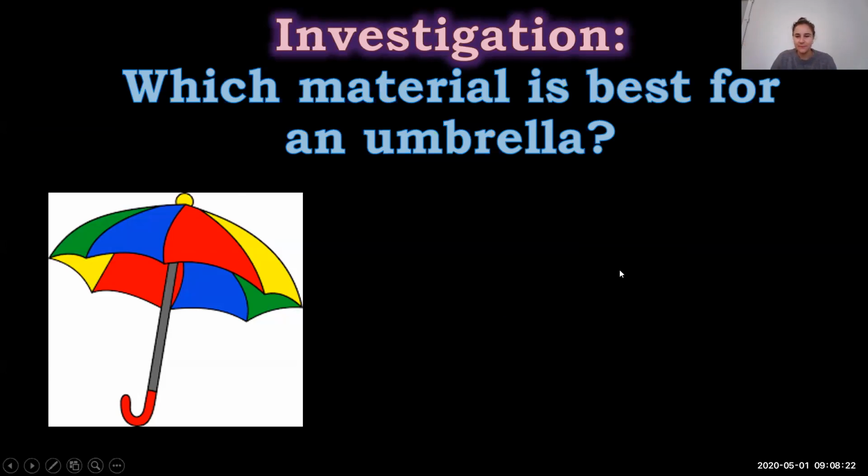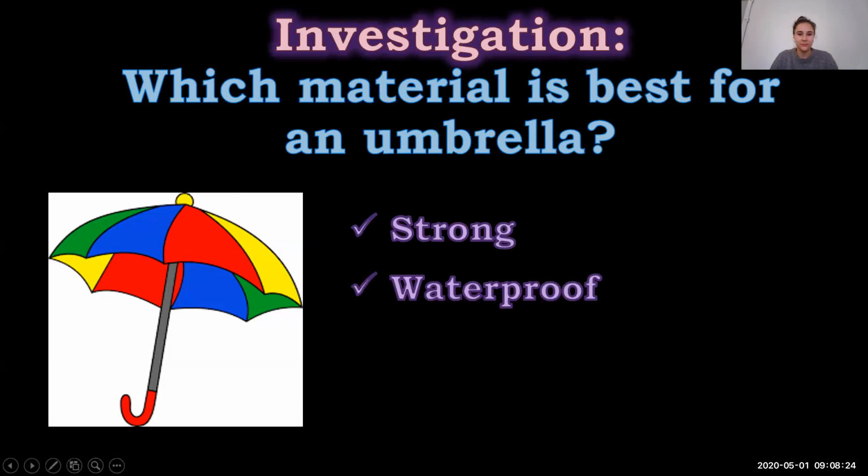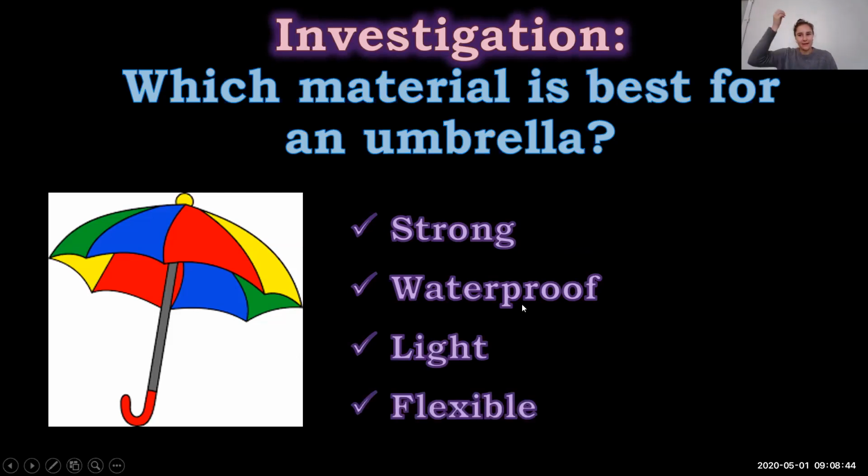It needs to be strong. It needs to be waterproof. So if we move it like this, it will not break. It needs to be waterproof so that we don't get wet. It needs to be light so that we can carry it. If it is too heavy, it will not work. And it needs to be a little bit flexible so that it can go up and down.